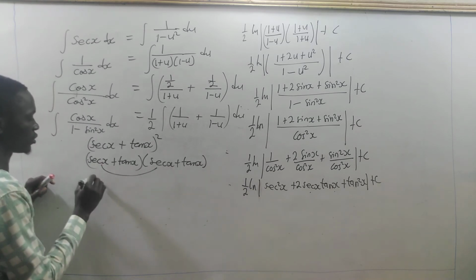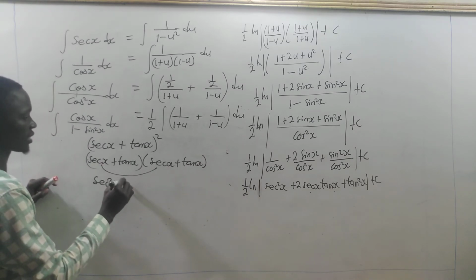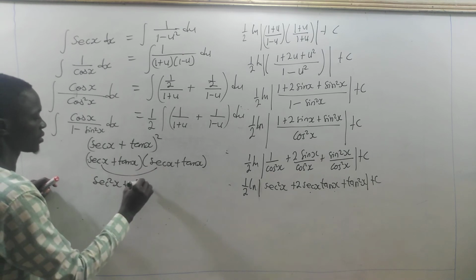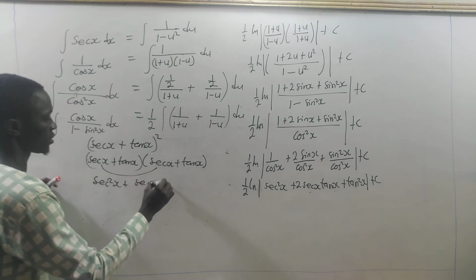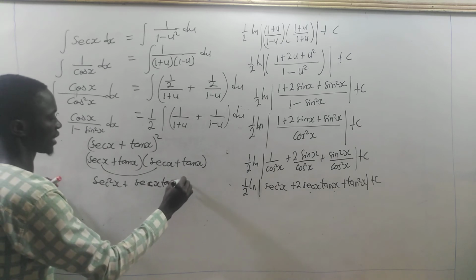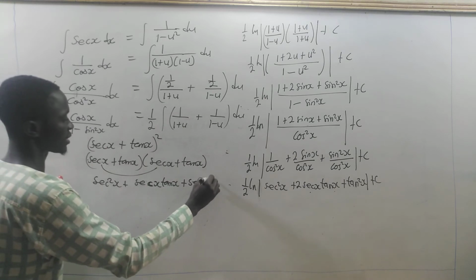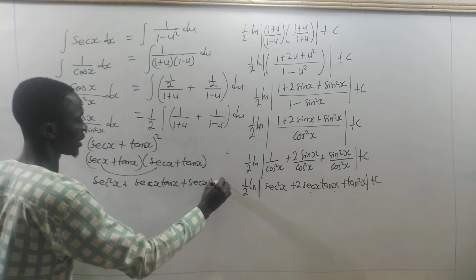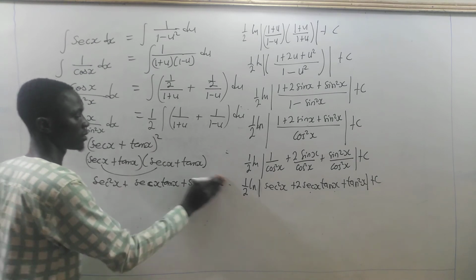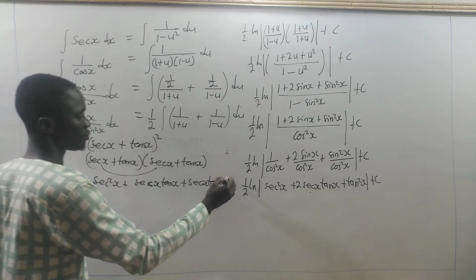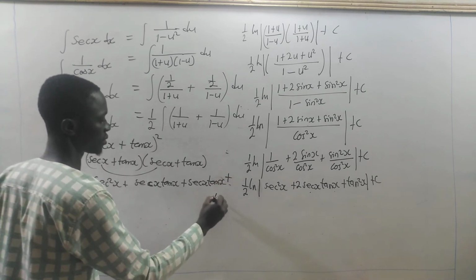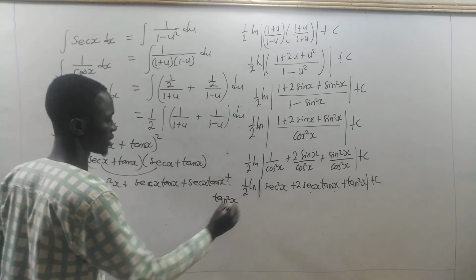Now this will multiply this, you have secant squared x plus secant x tangent x plus secant x tangent x, then plus tangent squared x.